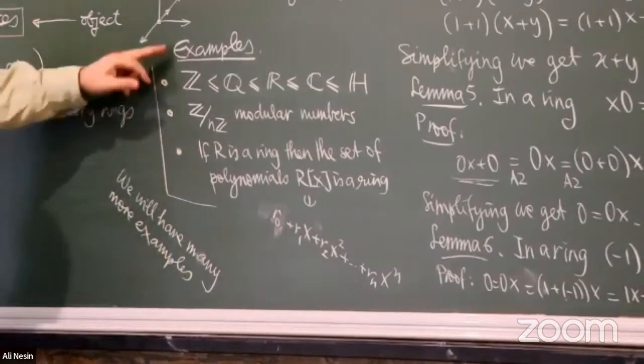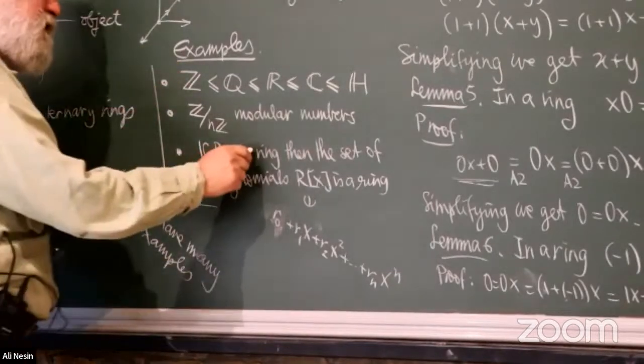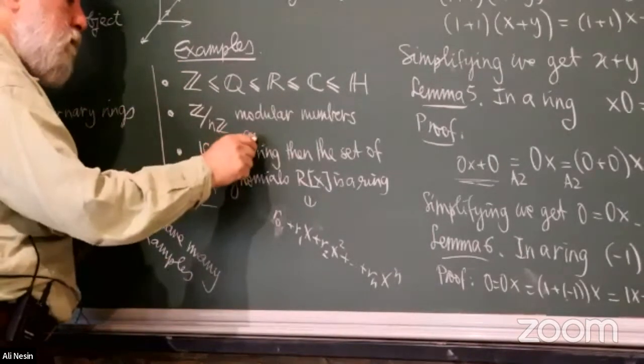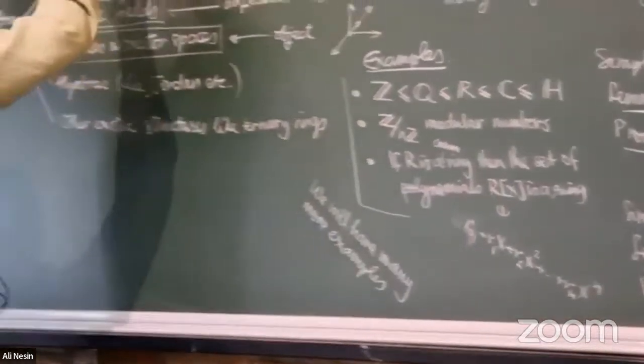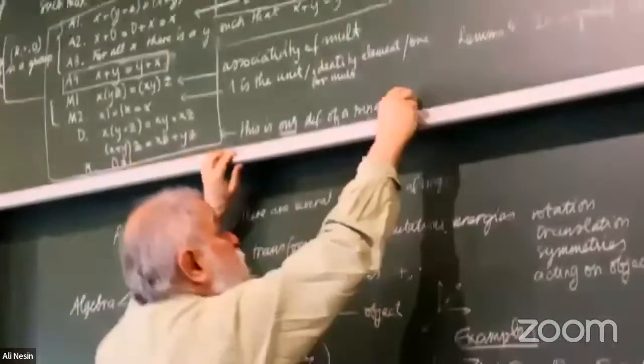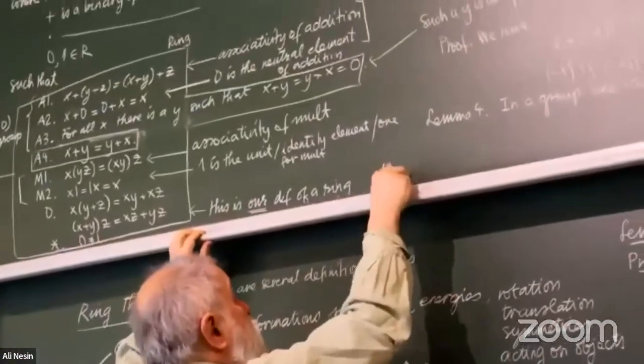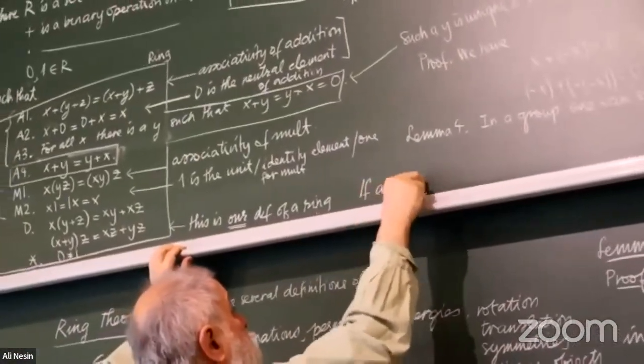In all these examples, if R is a commutative ring, what does commutative ring mean? Commutative ring means that also xy equals yx.